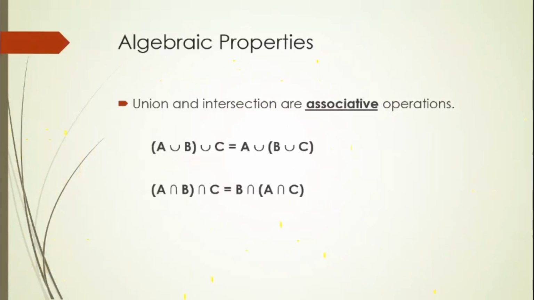The associative concerns groupings. That's why you would see there a grouping symbol, a parenthesis. In the first example, A and B are grouped together, but in here, B and C are grouped together. What did you notice? These two are just equal. So whichever you group, the result would be just the same.